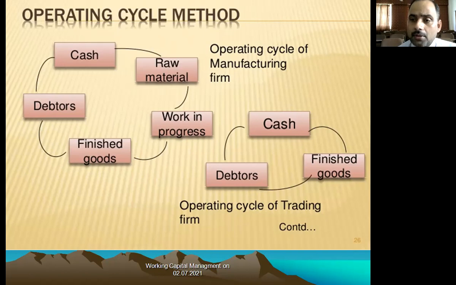So again you require cash for purchasing the material, and you will sell it to the debtors, and the debtors will give you cash. This cycle will go on as time passes. Due to this reason, we can say that the operating cycle follows the rule of going concern.